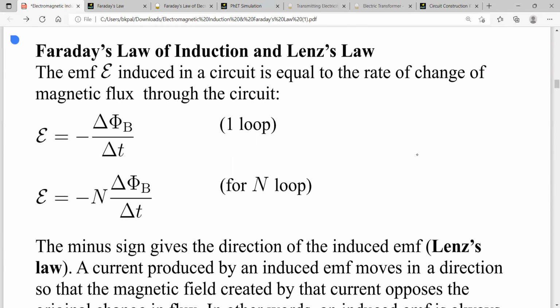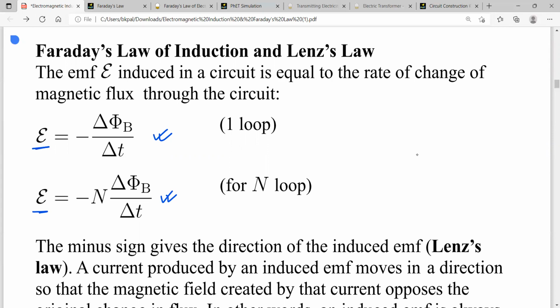So if we have only one loop, then Faraday's law is this. If we have n number of loops, then we have this; we just have to multiply by n. Here this curly E is the induced EMF, and delta phi B over delta t is the rate of change of the magnetic flux.